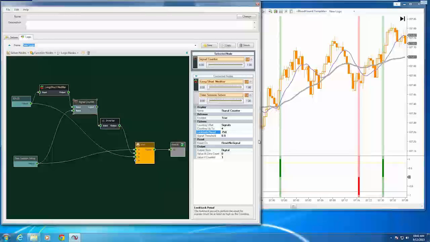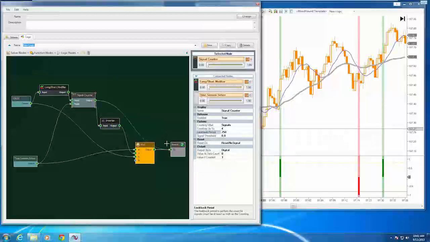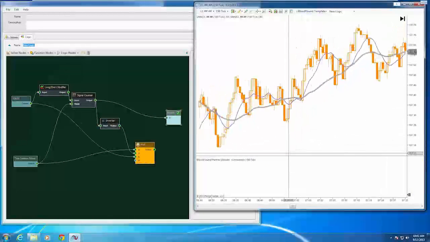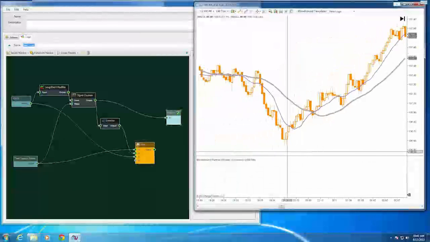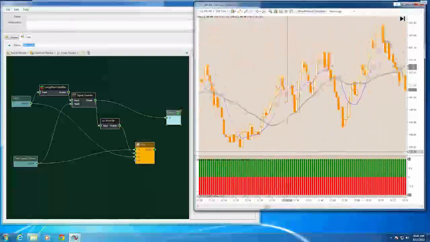Just make it long enough so that it's not resetting the count at any given point. And if you recall, I plug this in directly to the result node here. All right, so there we go.